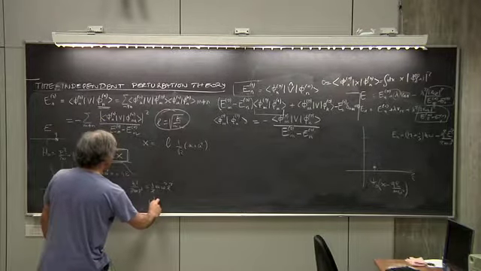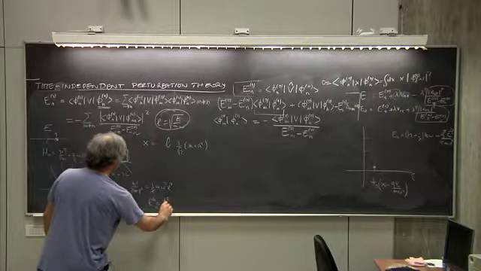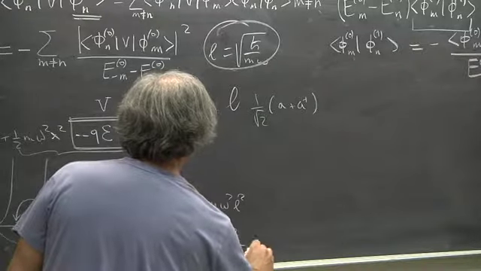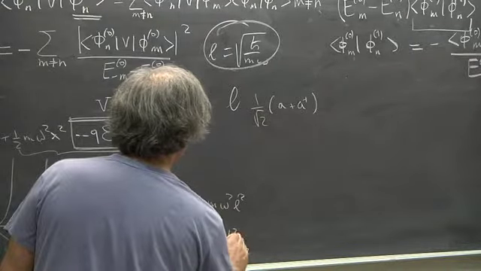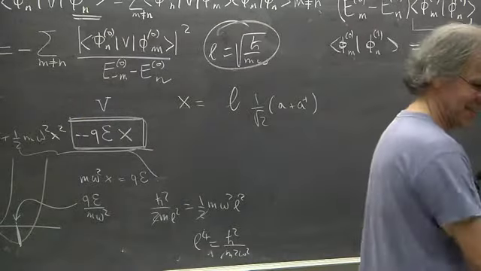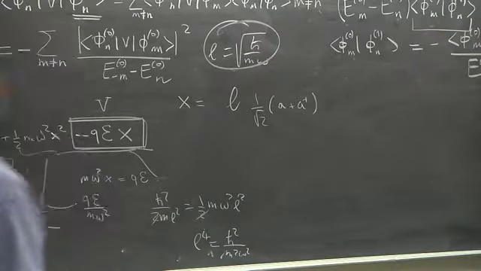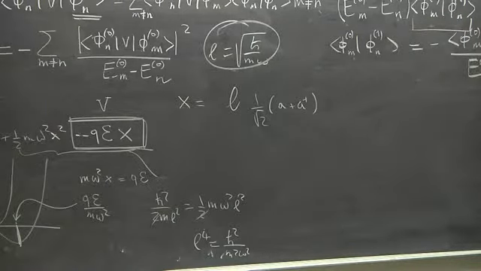So L to the 4th is equal to h bar squared over m squared omega squared. So L squared is that. Yes, now I believe it. I never remember by heart.